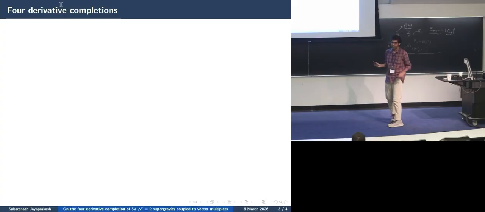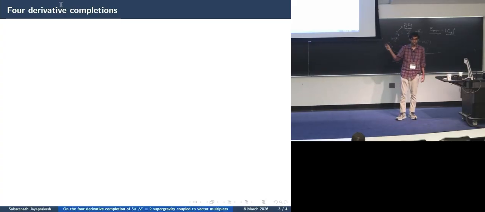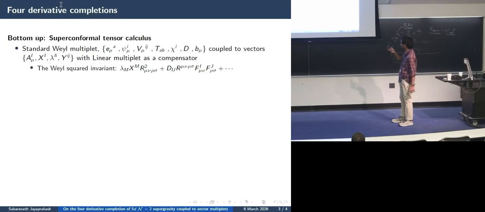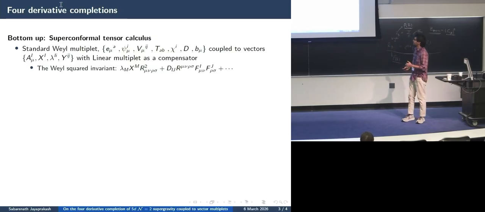There are different ways of constructing four-derivative completions to this. From a bottom-up point of view, one could use the machinery of superconformal tensor calculus. An example is to start from a superconformal multiplet, for example the standard Weyl multiplet, couple it to n vectors, and use a linear multiplet as a compensator to reduce it to Poincaré supergravity.